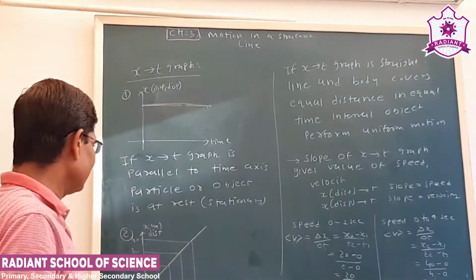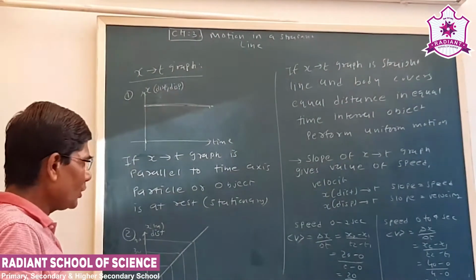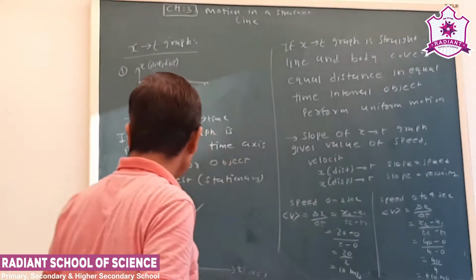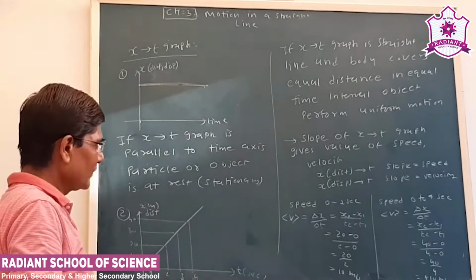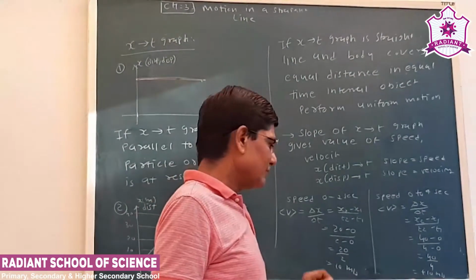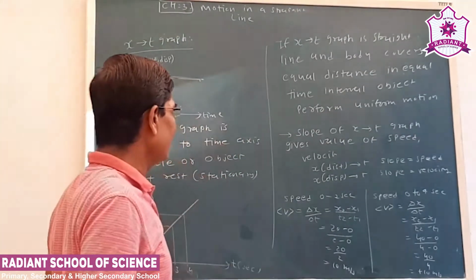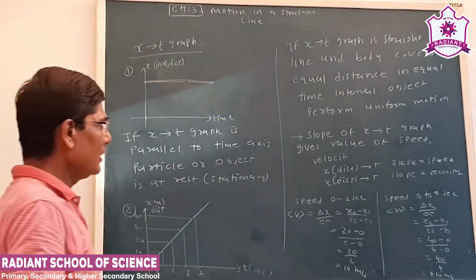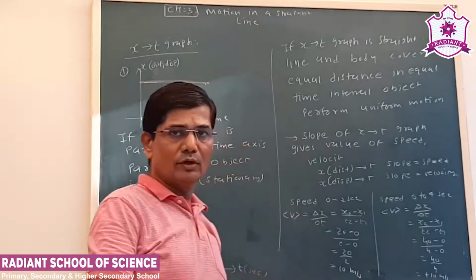Okay, so in that case we can say the slope of the x versus t graph gives the value of the speed. Here we have taken x as a distance and t as a time. The slope of the x versus t graph gives us the value of the speed. So we can say if the object covers equal distance in equal time interval, it performs uniform motion.